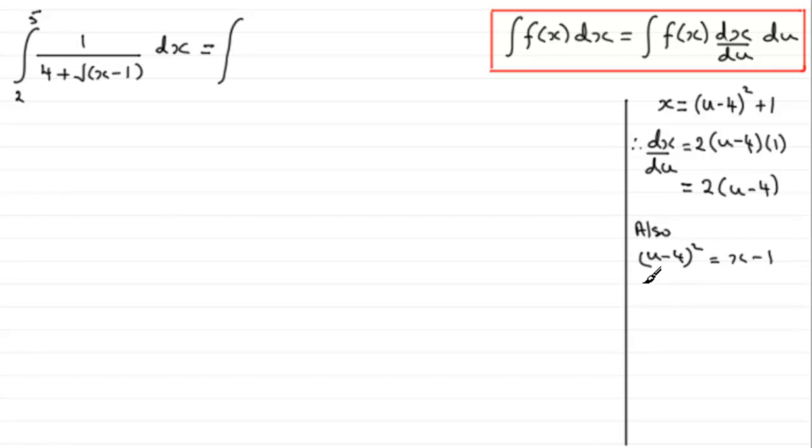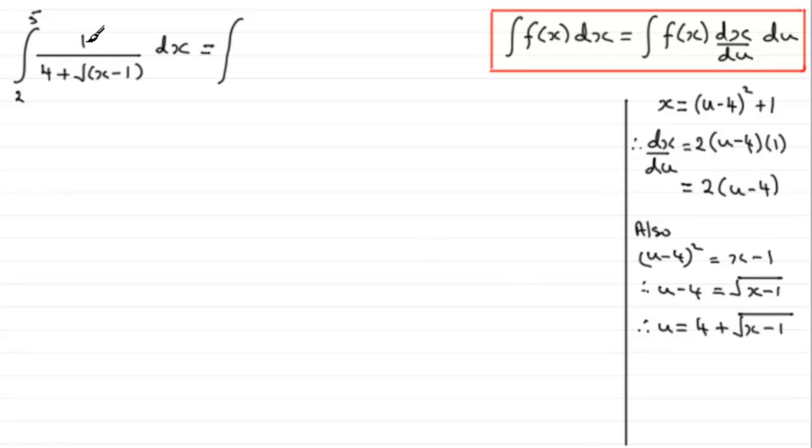Square root both sides, and you've got u minus 4 equals the root of x minus 1. And then if we add 4 to both sides, we get that u equals 4 plus the square root then of x minus 1. So indeed that denominator works out really nicely as just simply u.